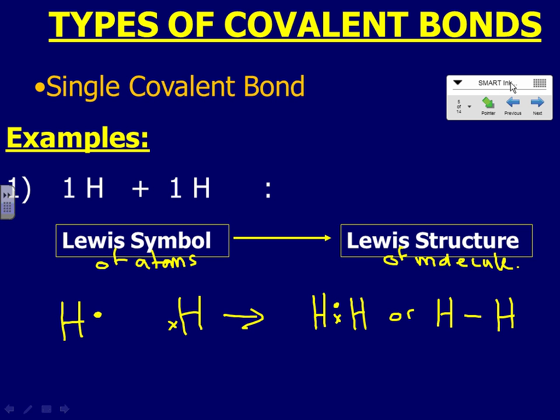Okay? And this line, whenever you see a single line between atoms, it is then a single covalent bond, and there are two electrons in there. Okay?